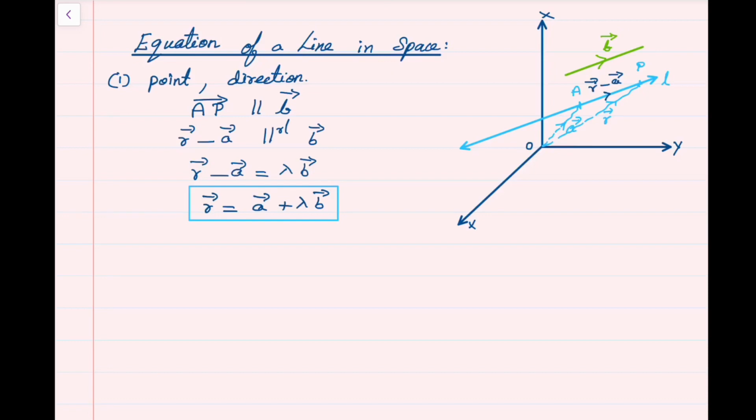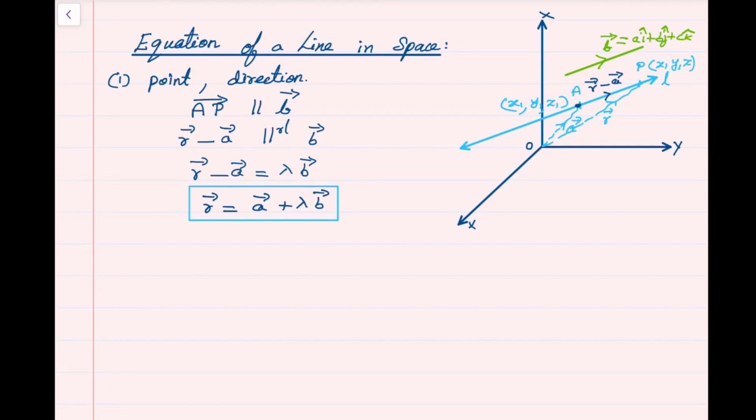So in this whole lesson we will be learning vector equation and Cartesian equation simultaneously. Let us find the Cartesian equation of this straight line. See the figure. Let us take the coordinates of A point as x1, y1, z1, the parallel vector B as ai plus bj plus ck, and coordinates of the arbitrary point P as x, y, z.